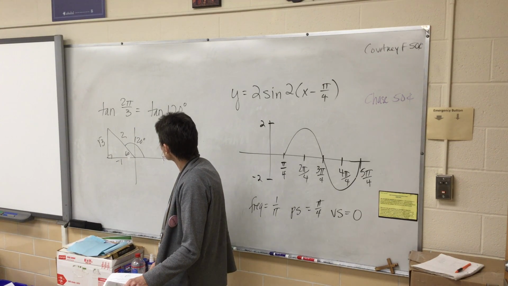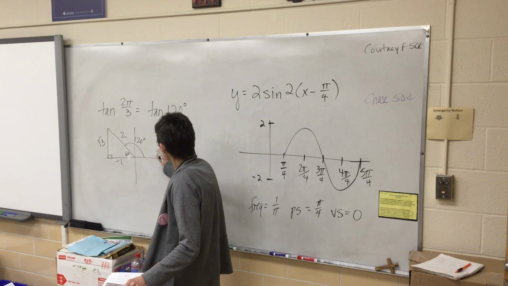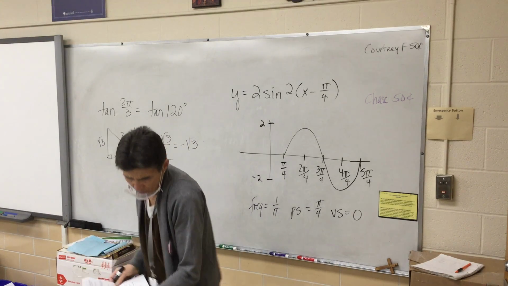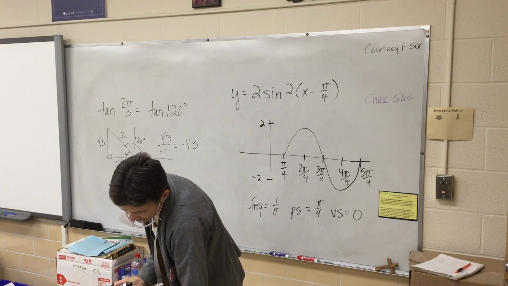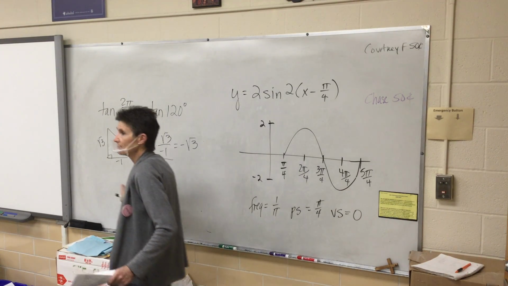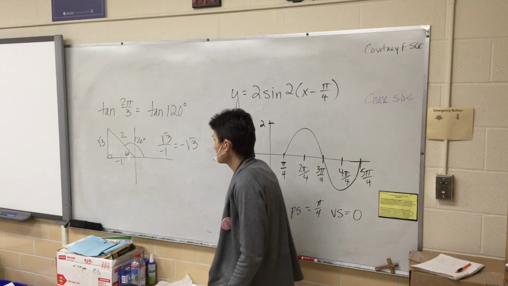Now we want the tangent. So the tangent is root 3 over negative 1, or negative root 3. Is that the quiz question? Kind of close, yeah. It's almost the same thing. It was negative. So that would have been a positive answer, but otherwise it would have been the same thing.